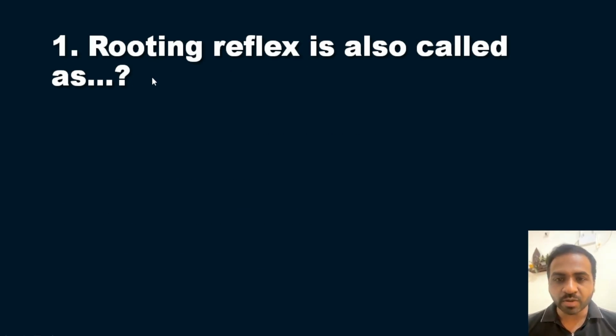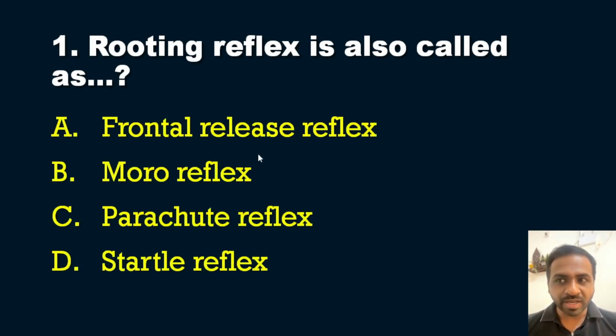The options are: option A, frontal release reflex; option B, Moro reflex; option C, parachute reflex; and option D, startle reflex. So what is the answer? The answer is option A, frontal release reflex.